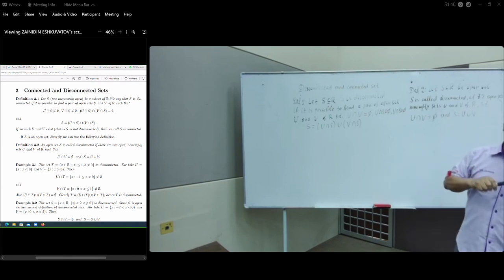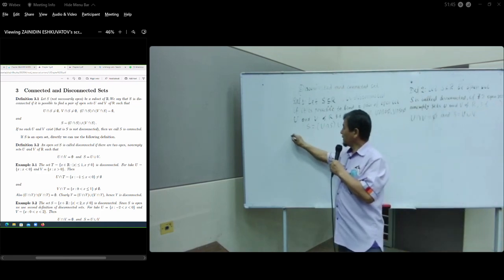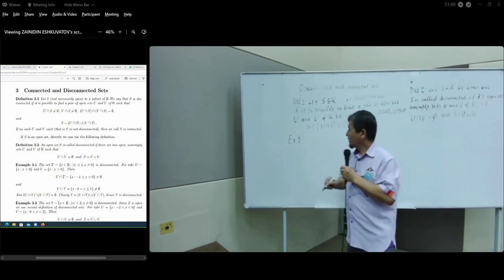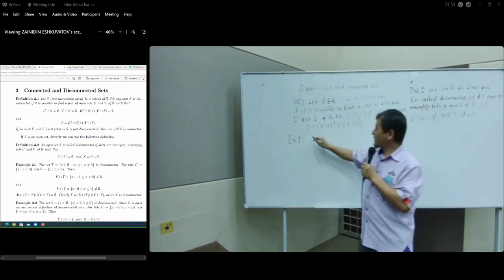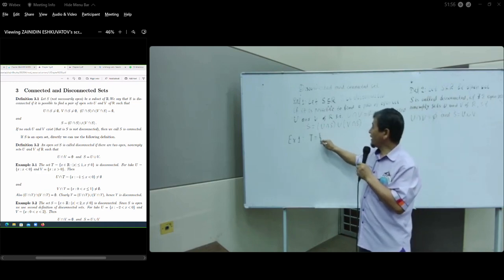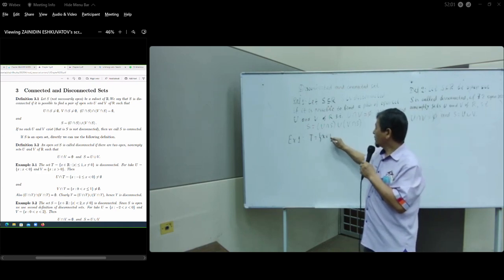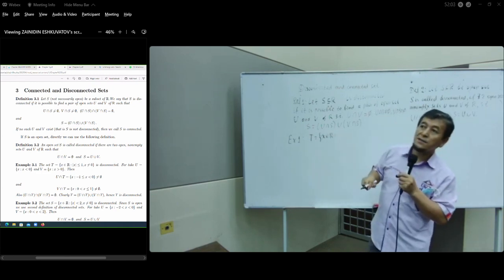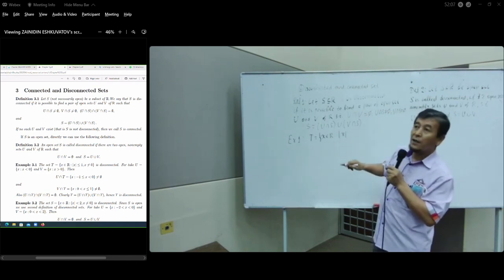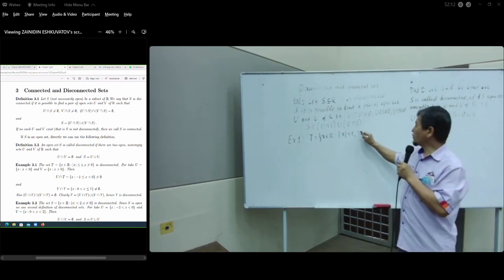Now a good example is given here in example one. First, the set T is given as the set of x from R with absolute value of x less than or equal to 1, and x not equal to 0.